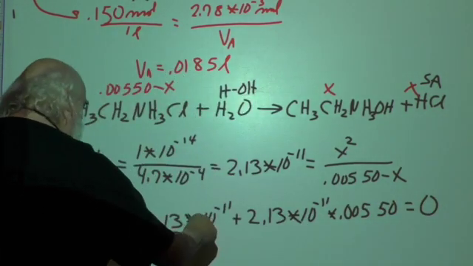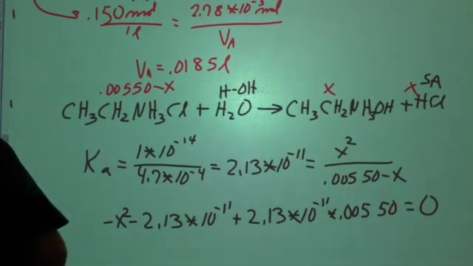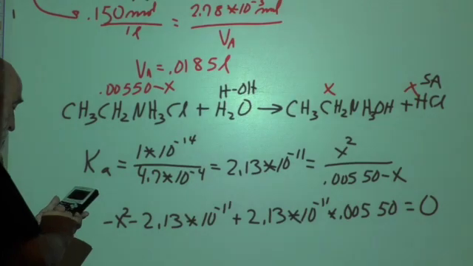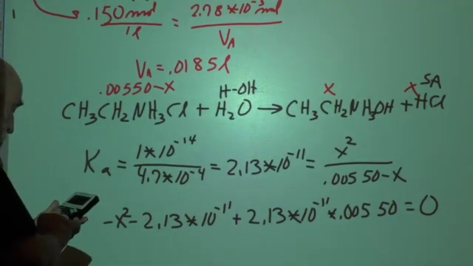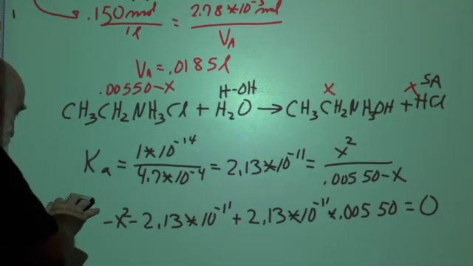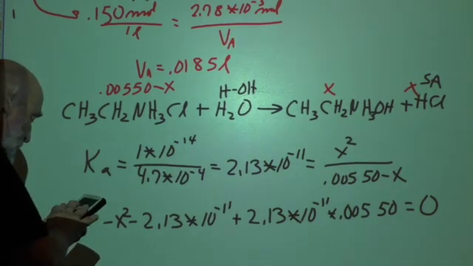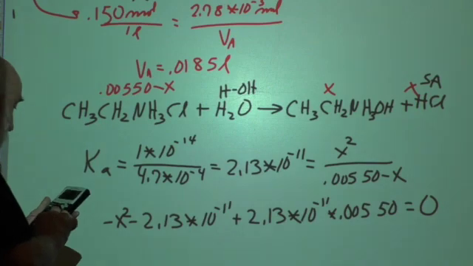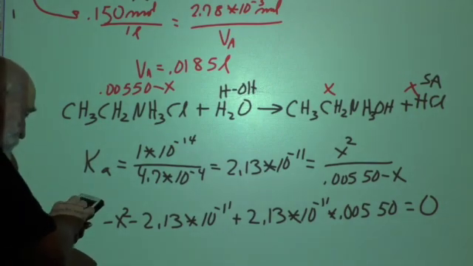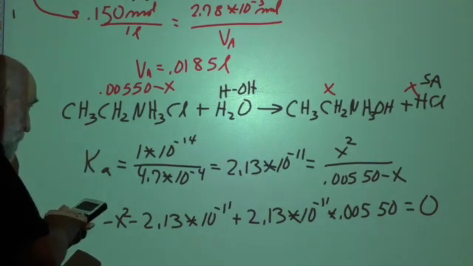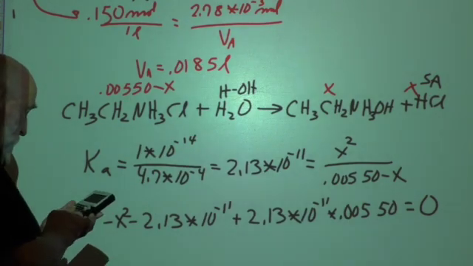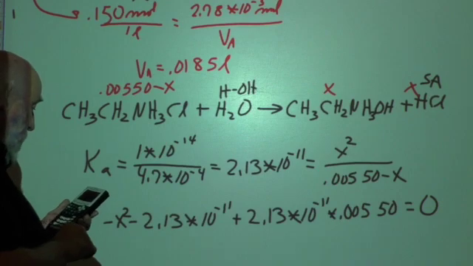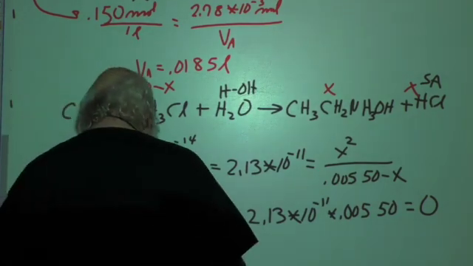So there's your A, B, and C. So plug it in: negative 1, negative 2.13 E negative 11, and 2.13 E negative 11 times 0.00550. And we get 3.42 times 10 to the negative 7 for X.